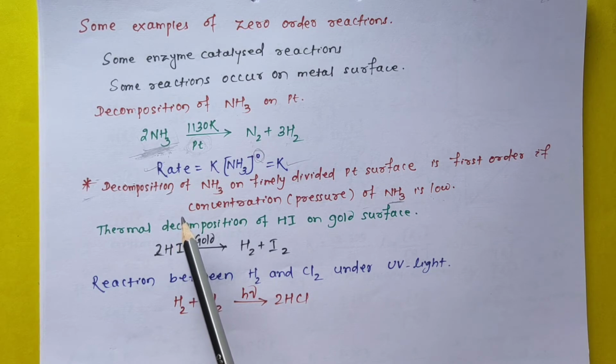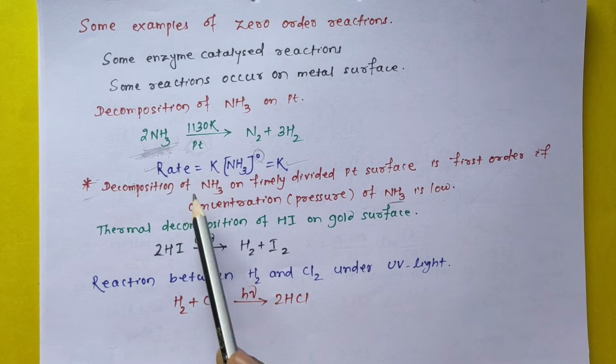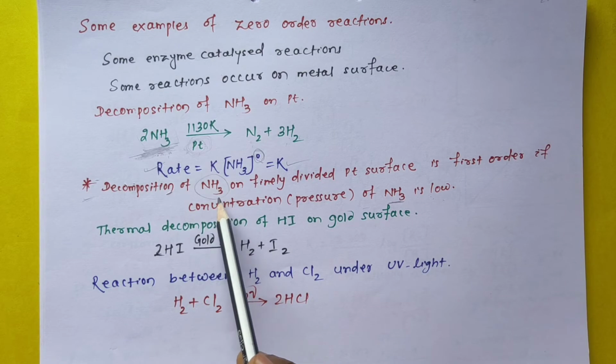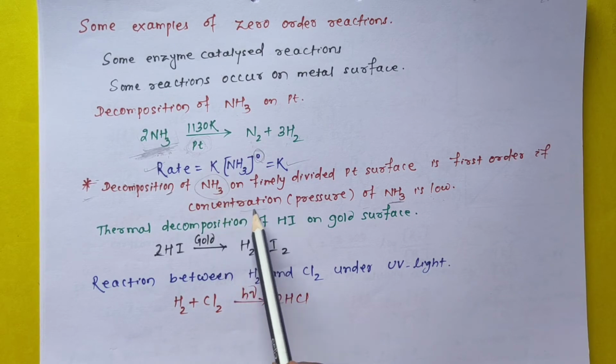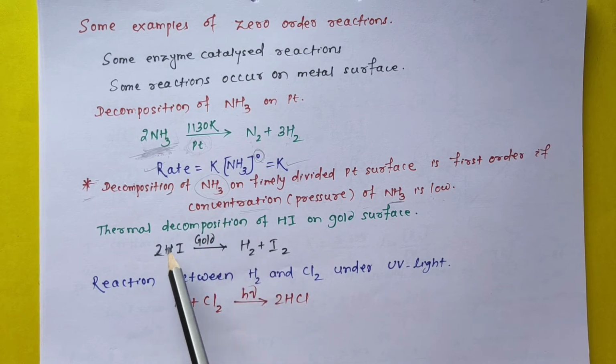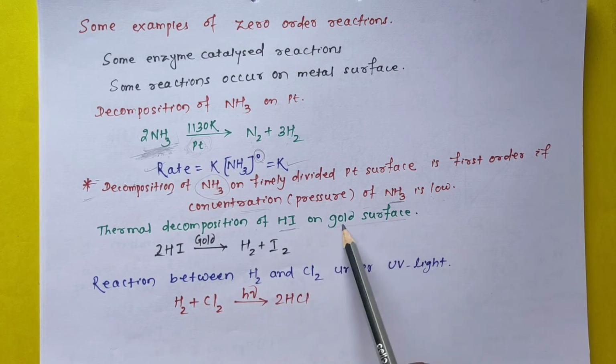It will change your status. Similarly, the same case is here. If concentration of ammonia is very high, obviously it is zero order reaction. If the concentration is low, then it becomes first order reaction. Clear?